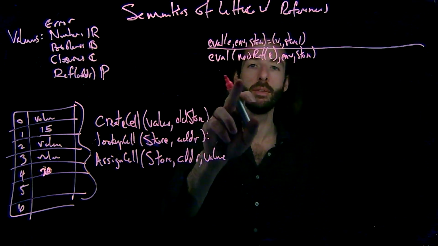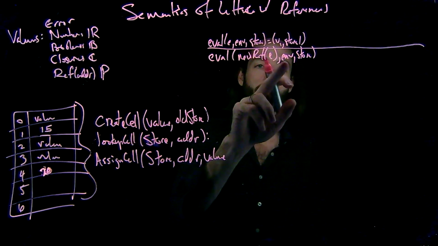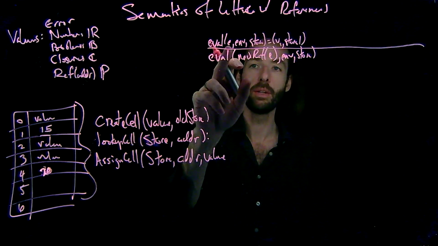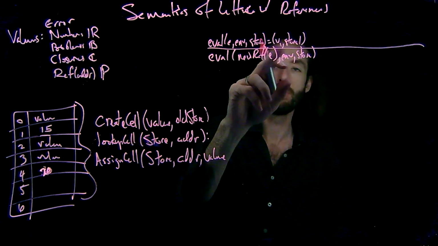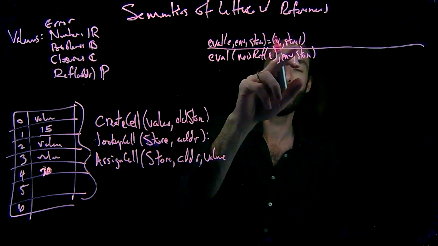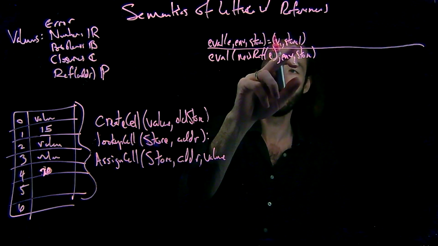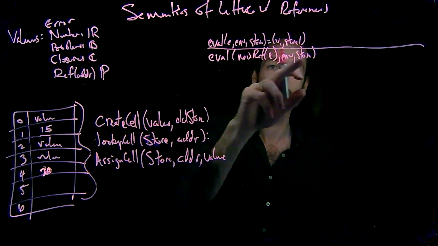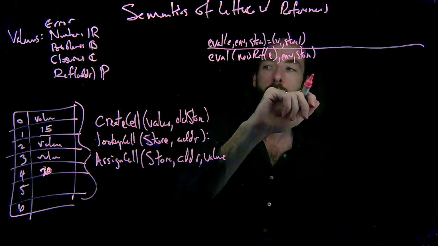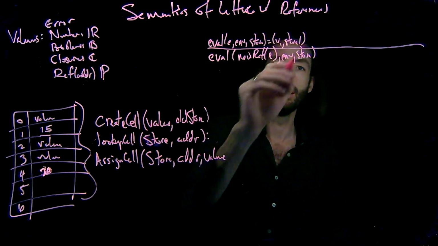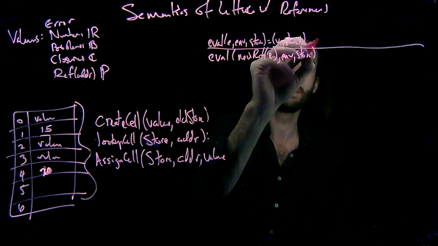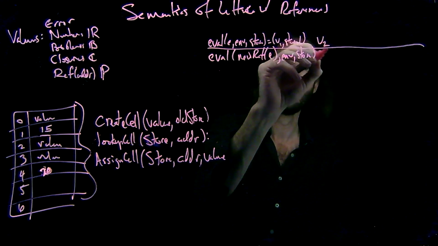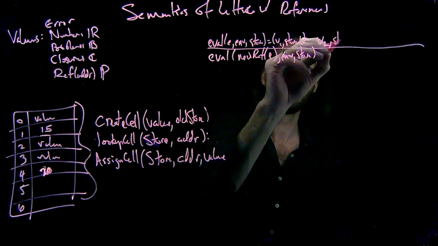All right, so let's go back here. We have new ref with E in environment and store. So we're going to evaluate E to figure out what we actually want to put in our store. That's v1. Maybe it changed the store a little bit, so we want to make sure that we now know what the current store looks like, not the store we started with, but the current one. And now I want to create cell. So let's call this v2 and store 2.